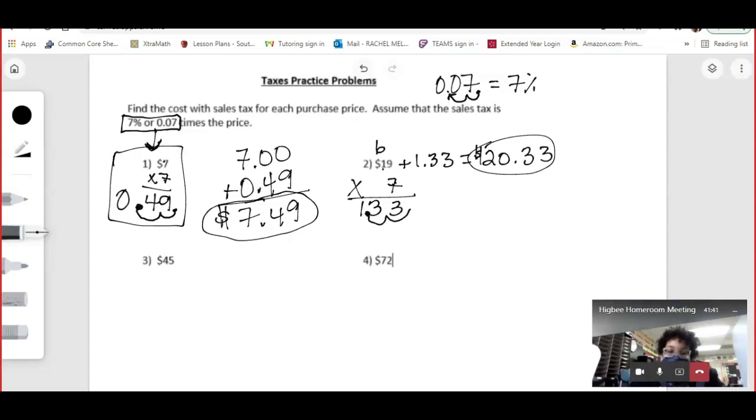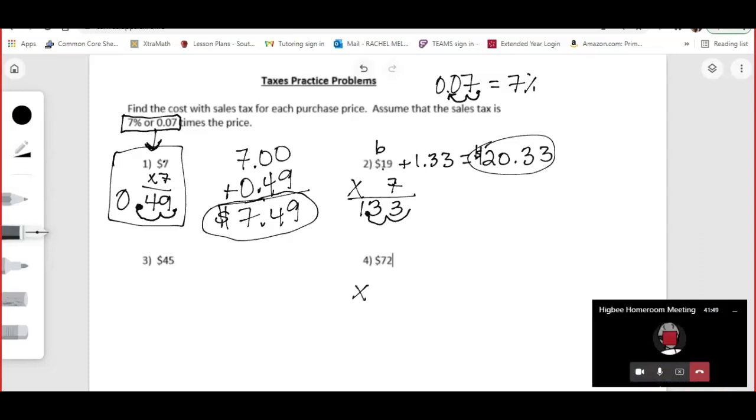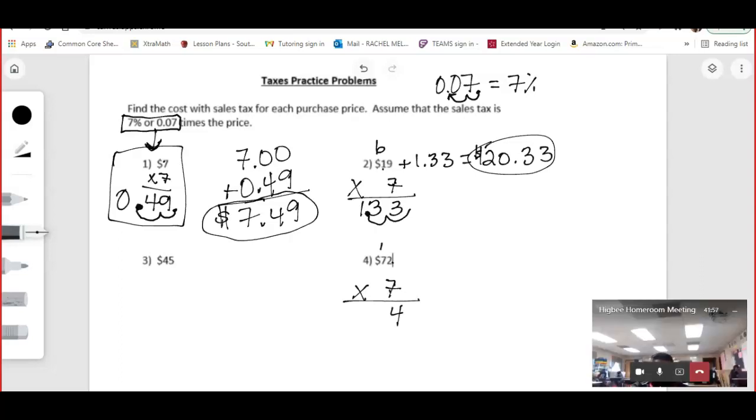I want to do the $72 down here. What do I do first? Multiply 72 times 7%. Excellent. So what's 7 times 2? 14. Okay, 7 times 7? 49. 49 plus 1 is 50.